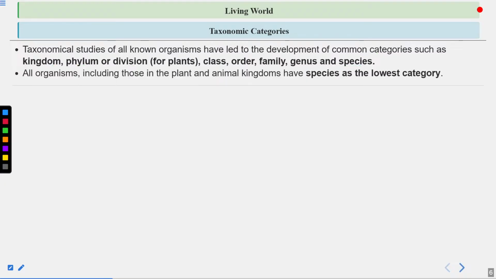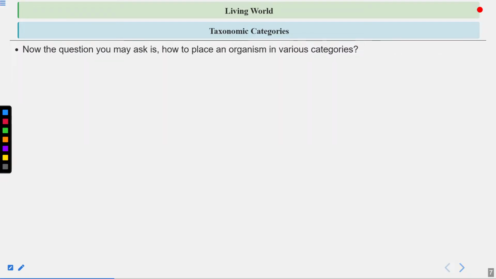All organisms, including those in the plant and animal kingdom, have species as the lowest category. Species is the lowest category, or the lowest taxon, you can say. Now the question you may ask is how to place an organism in various categories. So this question should come in your mind. How can you place an organism into these categories, into these groups?